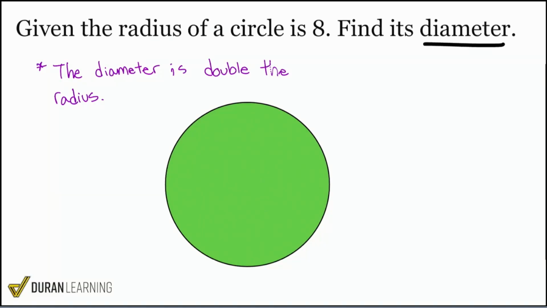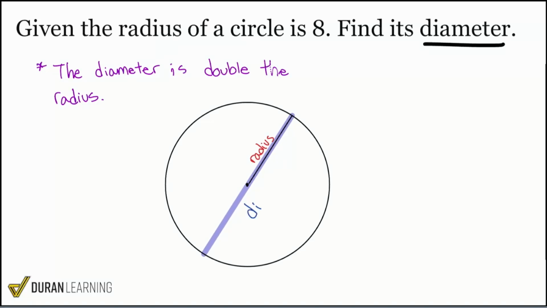Give me one moment. Okay, so remember, my party people, the radius goes from the center to any part of the edge. Again, the radius is the halfway, not the full distance. If we're going from edge all the way to the other side, that's the diameter. That is double the radius because if we were to go from the center to the edge over here, guess what?